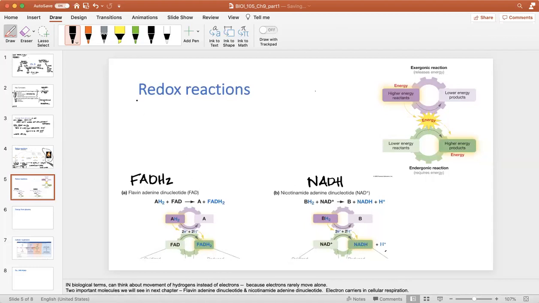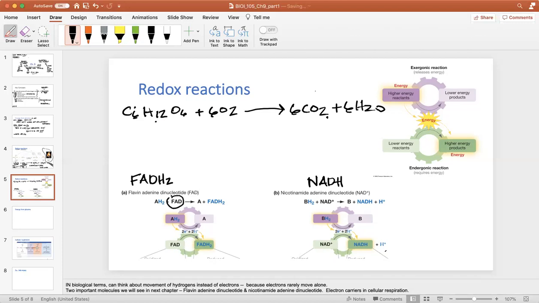Now, what happens as we are undergoing this chemical reaction, so C6H12O6 plus 6O2 goes to 6CO2 plus 6H2O. All right, as we are undergoing this complete oxidation of glucose, some of the reactions that glucose undergoes to get from here to here are going to take this molecule, FAD, and turn it into FADH2.